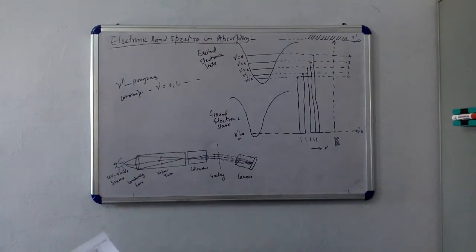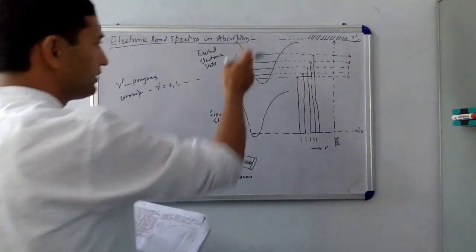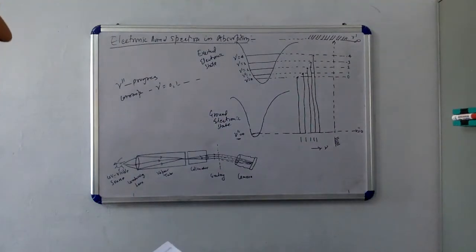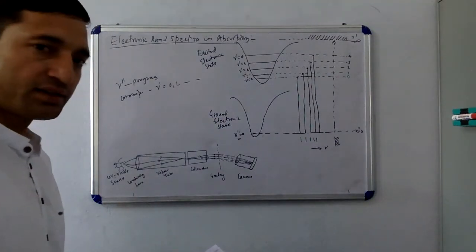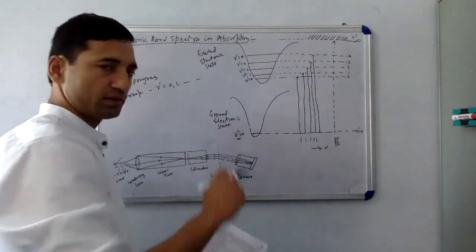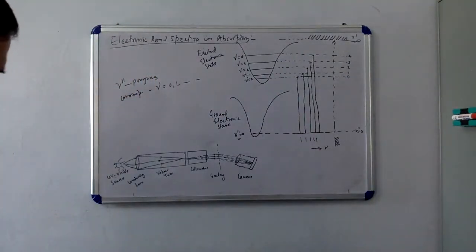So once we pass a continuous light source, it causes absorption transitions mostly from ν″ equal to 0 to all the vibrational levels of the excited electronic state. It means that the ν′ progression will be obtained.